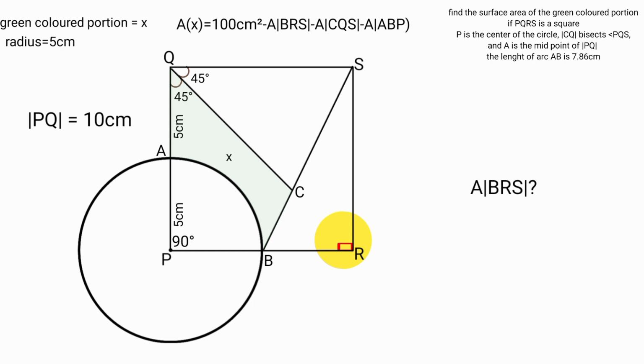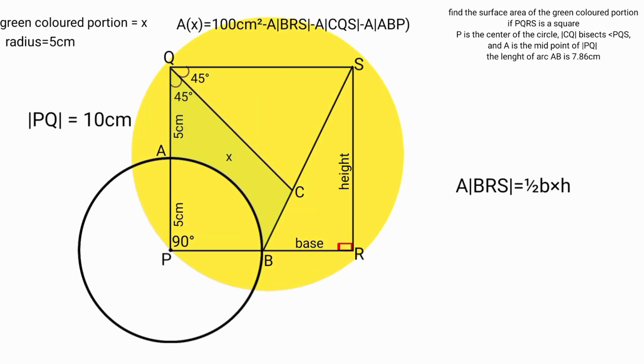The formula for the area of a triangle is half base times height, and in a right angle triangle, either of the two sides that are perpendicular to each other can be taken as the base or the height. So let's say this BR here equals base and this here equals height. So what is the length of line BR and line RS?